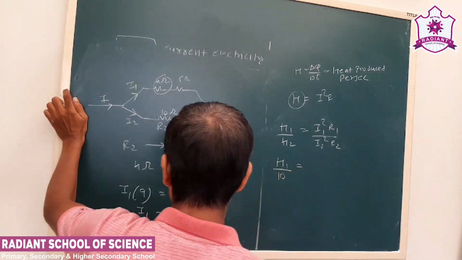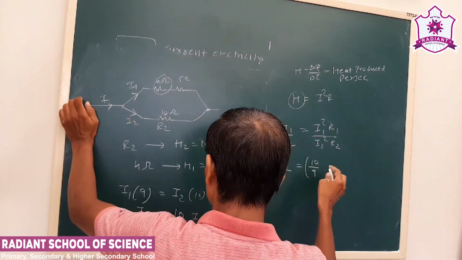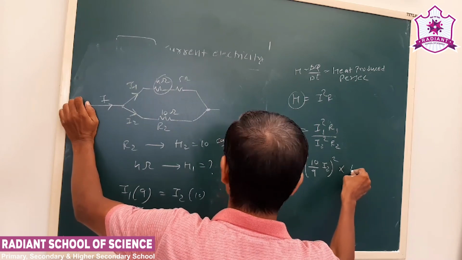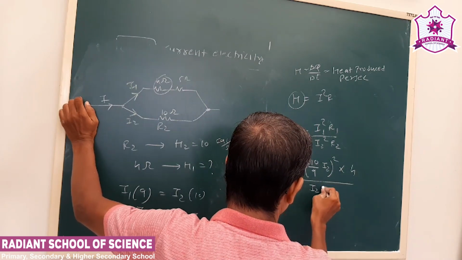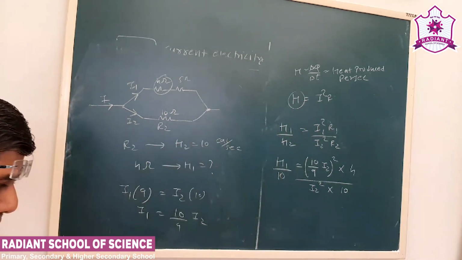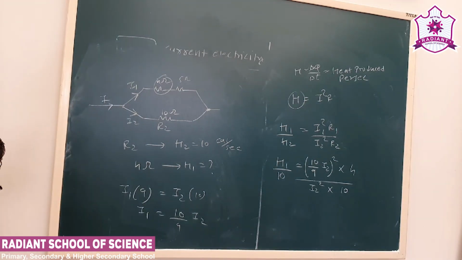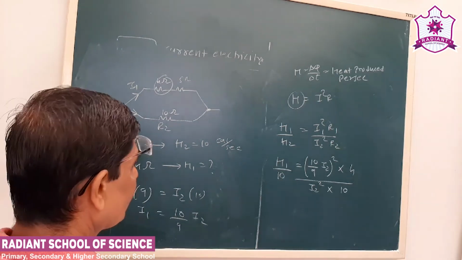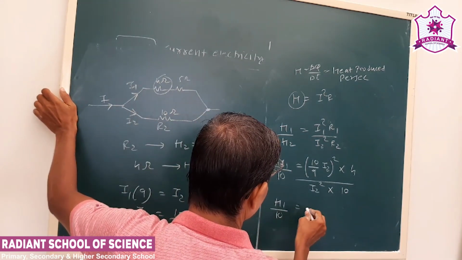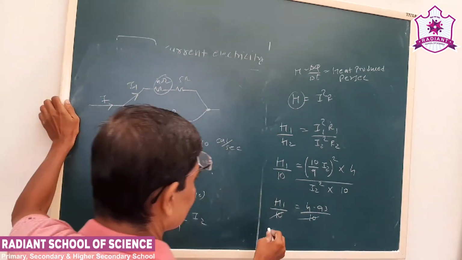H2 is 10. I1 is 10 by 9. I2 square. R1 is how much? 4 ohm. I2 square is 10. So suppose you solve this. Roughly you will get 4.5, 10 I am keeping as it is.